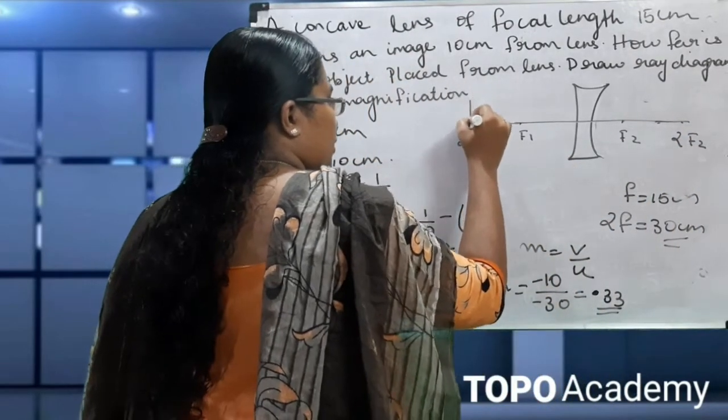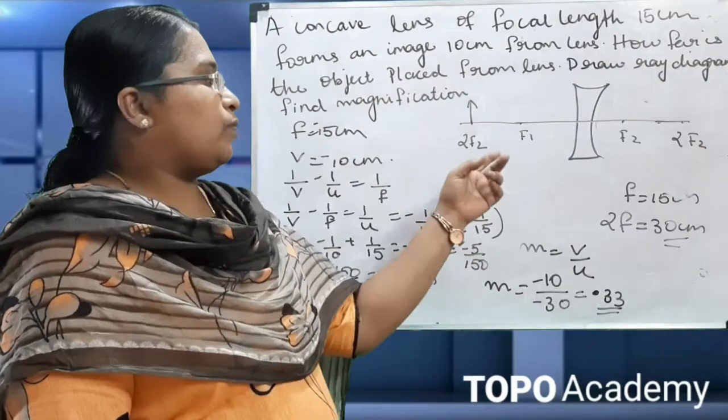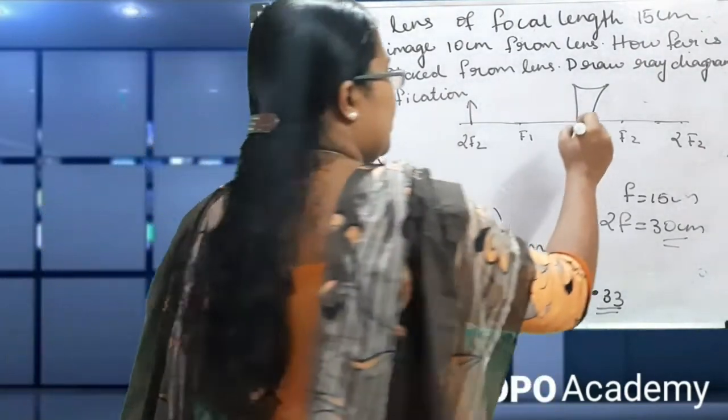So we are placing the object at 2F. Here we are keeping the object between infinity and optic center.